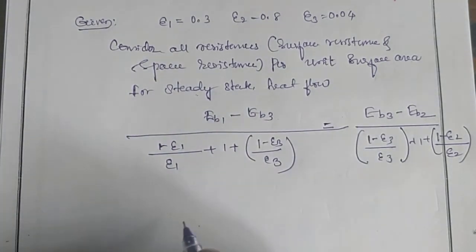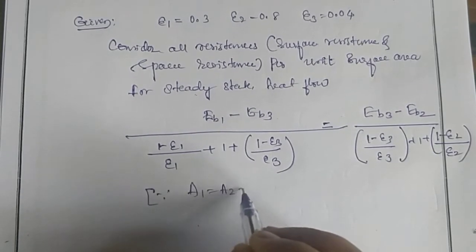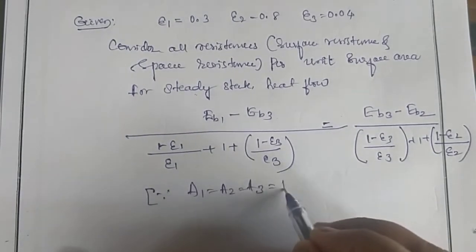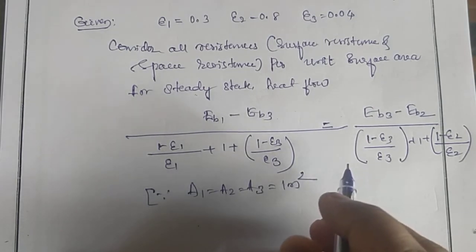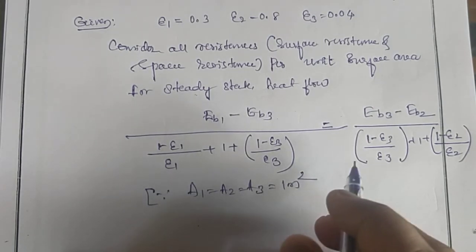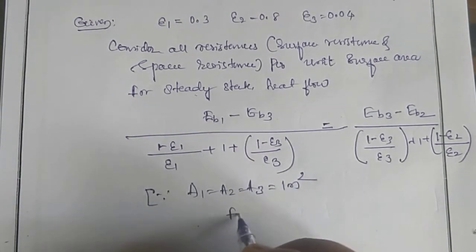We take this because A1 equals A2 equals A3, which we considered initially, that is our surface area, and the space resistance is 0. It is per unit surface area.